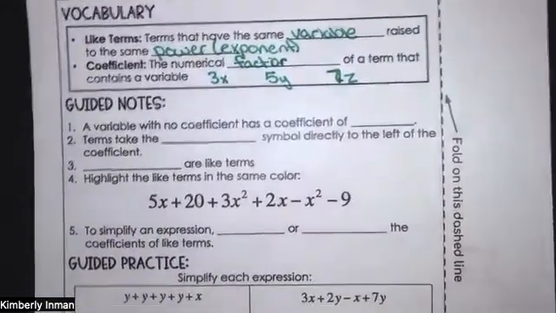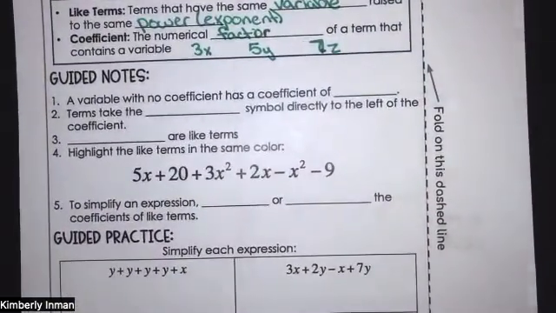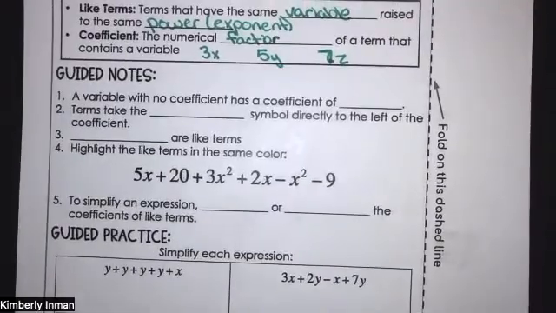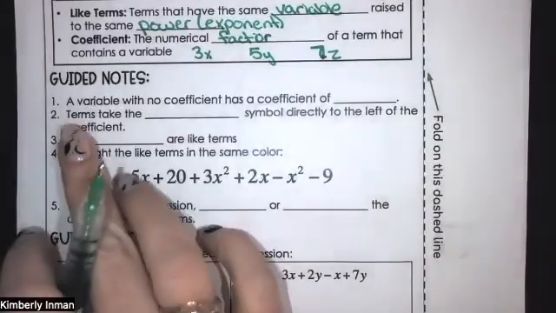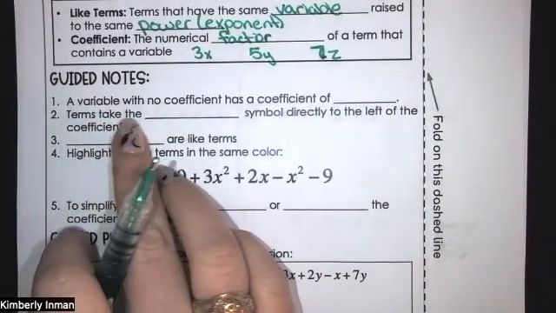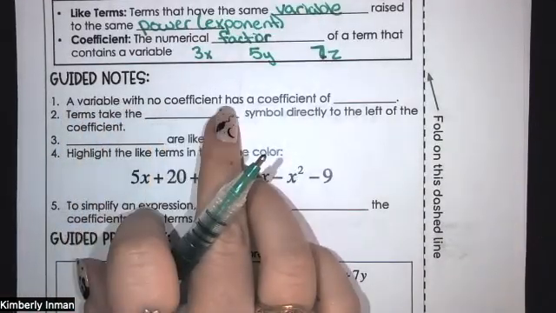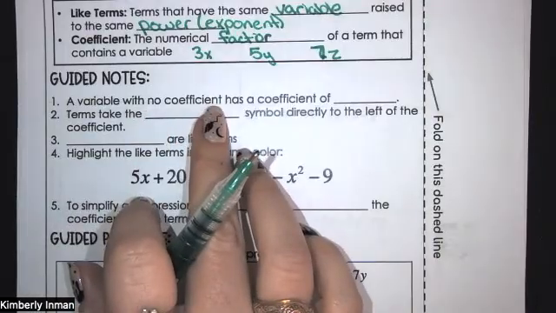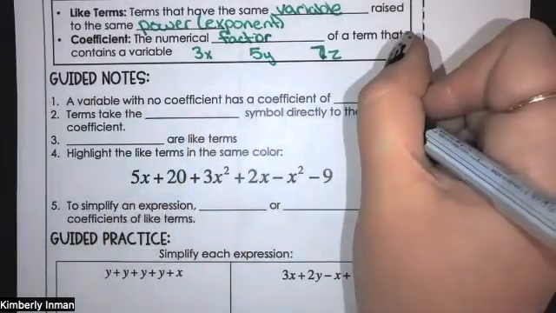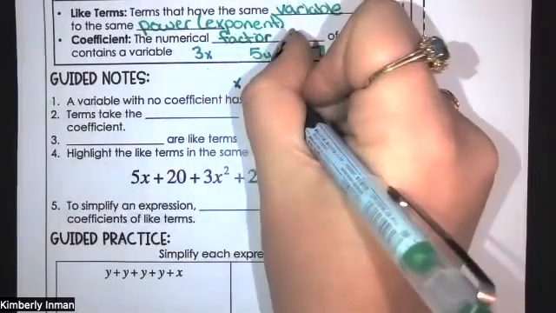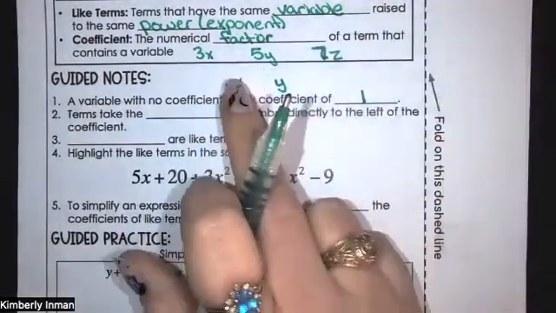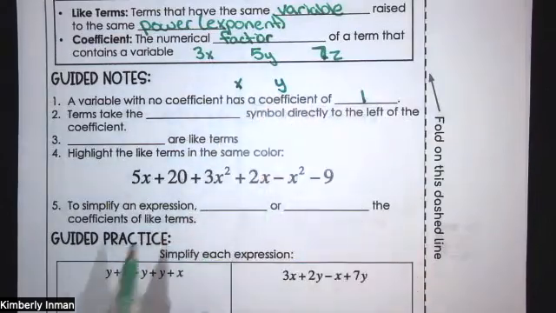Once we have those two things down, when you're combining like terms, you have to identify your terms that are alike. First, a variable that has no coefficient or no number in front of it, so just the letter, has a coefficient of 1. If you have just an x or just a y, there's not a number in front of them when you see them.